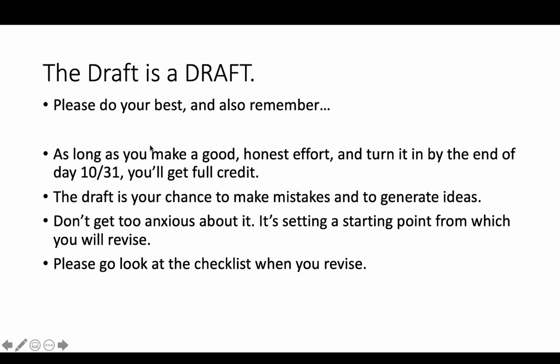One last thing I do want to say right now, though, since some of you may still be working on your draft. The draft is a draft. I want you to do your best, the best you can do right now, but as long as you make a good, honest effort and you turn it in by the end of the day, Saturday, you'll get full credit for the draft.